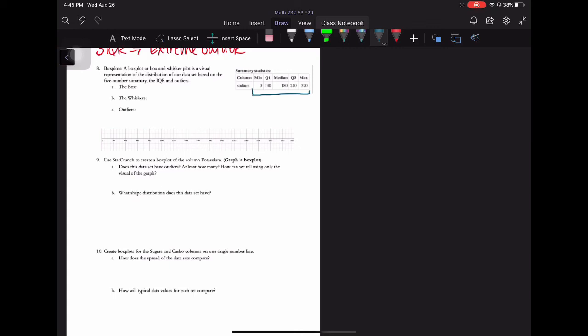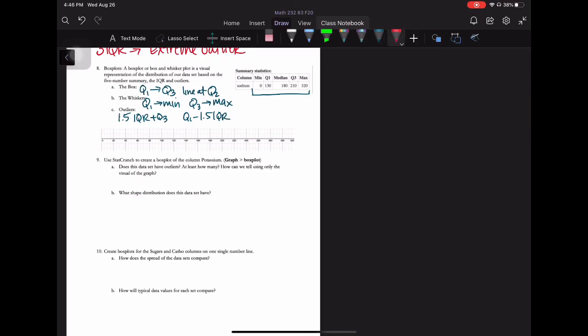So the box is Q1 to Q3, and then there's a line down the middle. The whiskers, if you will, are the lines that go from Q1 to the minimum, and from Q3 to the maximum. And any outliers are beyond Q3 plus 1.5 times the IQR, and Q1 minus 1.5 times the IQR.